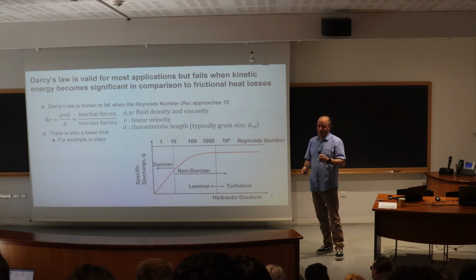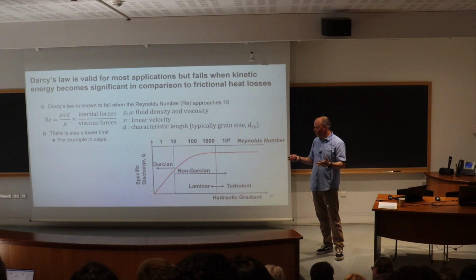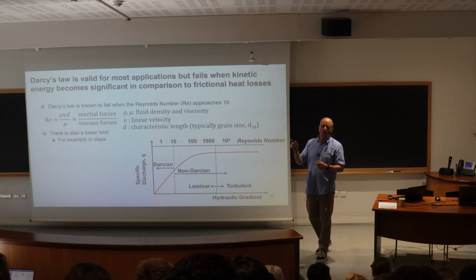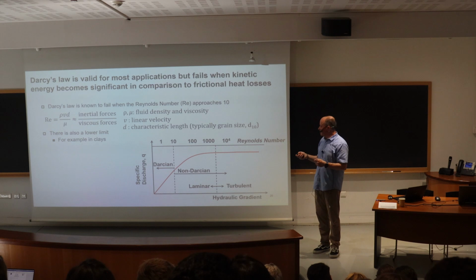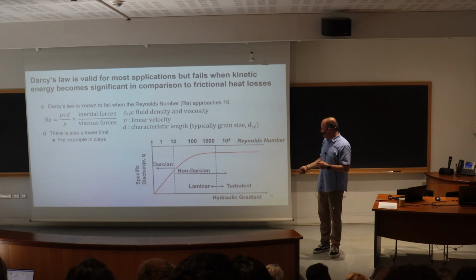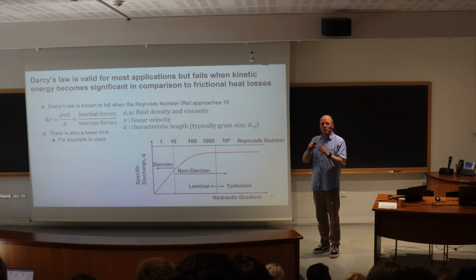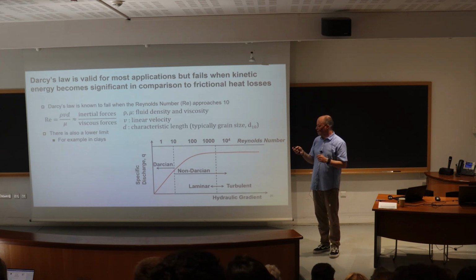That would be for systems that are very, very permeable. Typically would be a karstic system where there's people who have proposed modifications to Darcy's law, basically have an exponent for the hydraulic gradient because the relationship is no longer linear between discharge and hydraulic gradient.